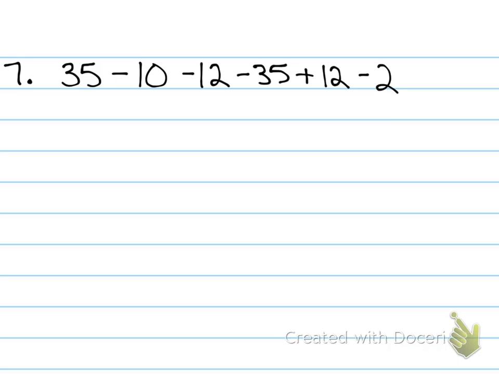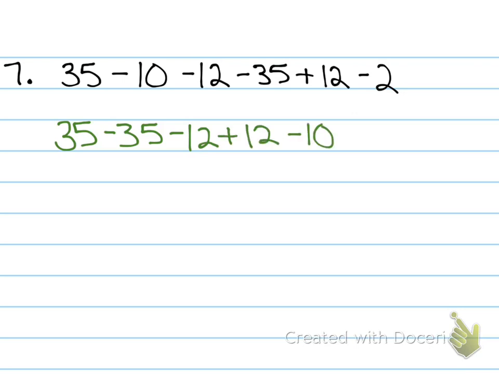It says that you can reorder them however you want. So how are you going to group them together? Look for opposites. All right, so how'd you reorder them? 35 minus 35. Yep, 35 minus 35 plus 12 minus 10 minus 2. All right, very good. Commutative properties.